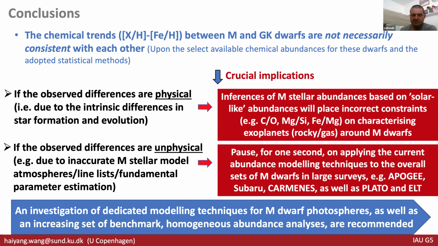Then I think it will be quite interesting to search for a correlation of the trends with temperature, because things will get much worse within the realm of the M-dwarfs as you reduce the temperature. So whether there is a trend or not will be crucial in signaling systematics.